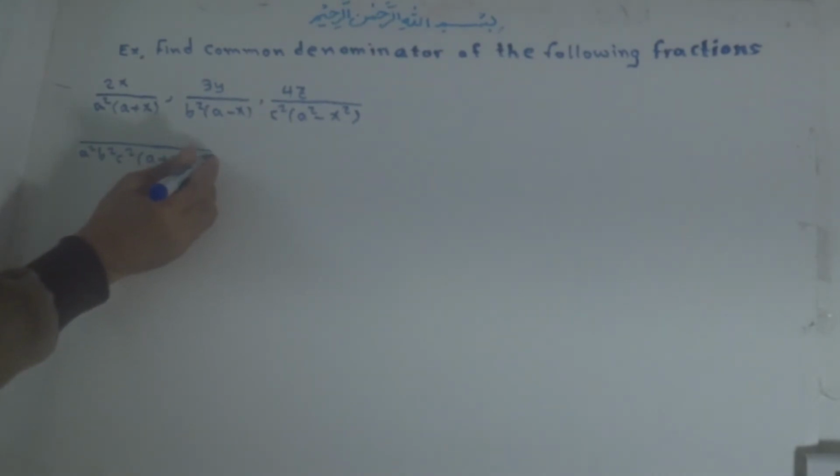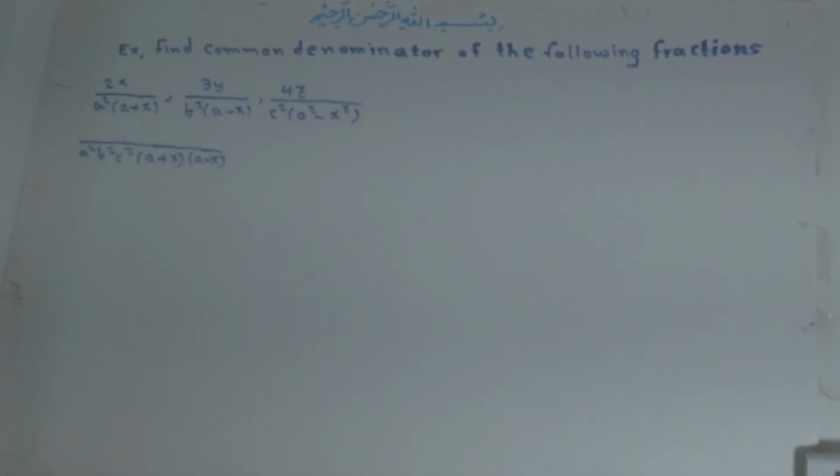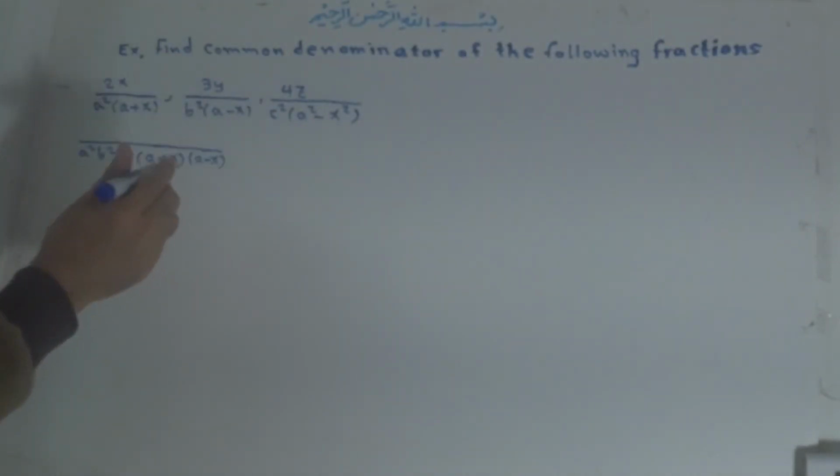But a to the power of 2 minus x to the power of 2 is the same as a plus x times a minus x, because if we multiply these, it gives us this one.